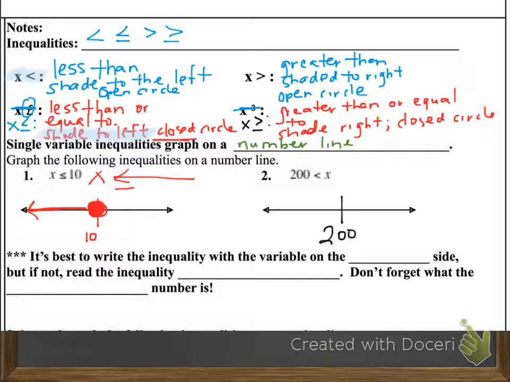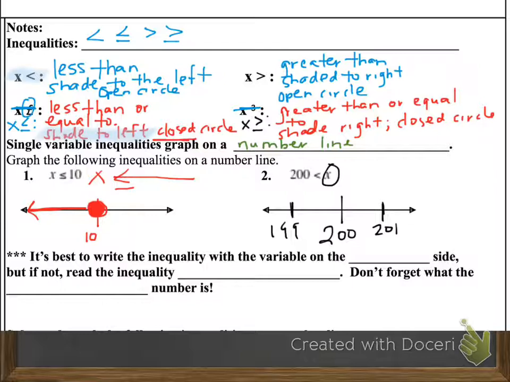What number is this over here? Yeah, right, it could be 201. And then over here might be 199. So if I'm looking for numbers that are greater than 200, then I'm going to draw my arrow going to the numbers greater than 200.